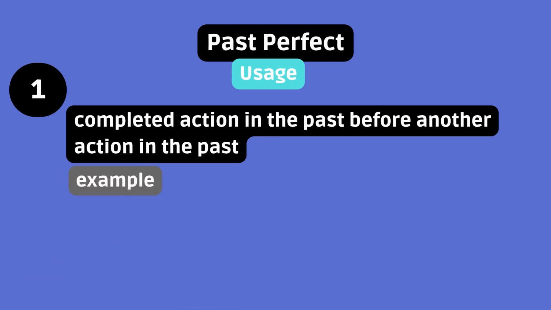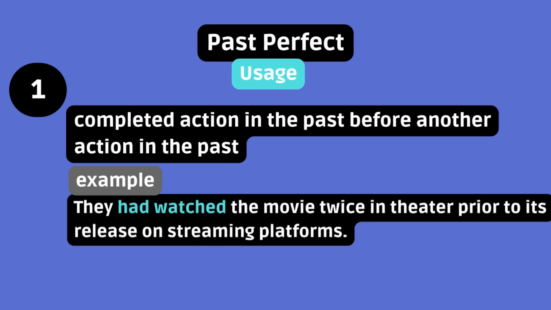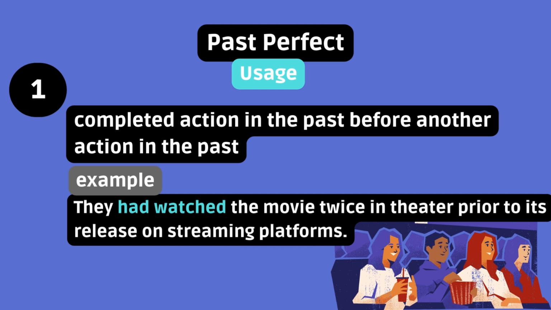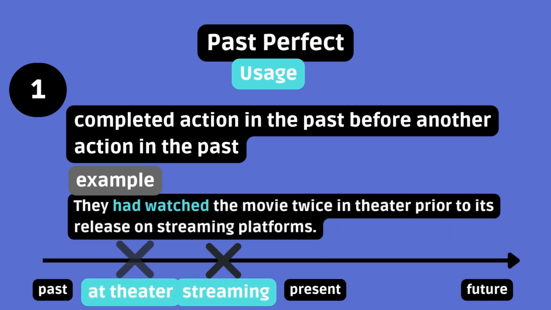Example: they had watched the movie twice in theater prior to its release on streaming platforms. Watching the movie took place before the moment it was released on streaming platforms. Again, the chronology of events is set by the past perfect.